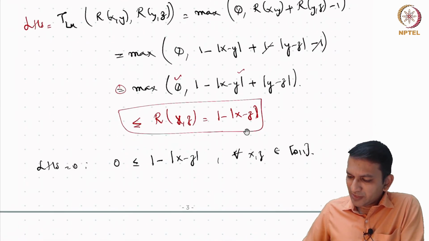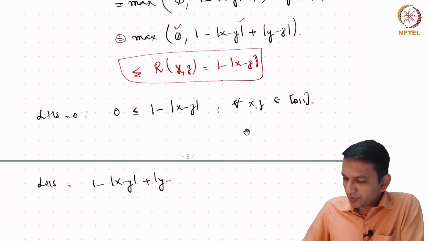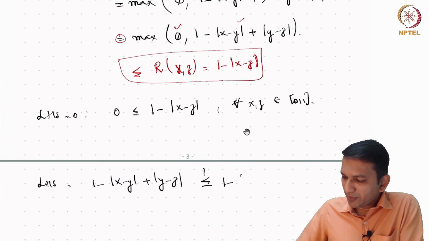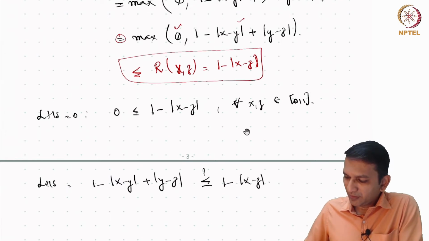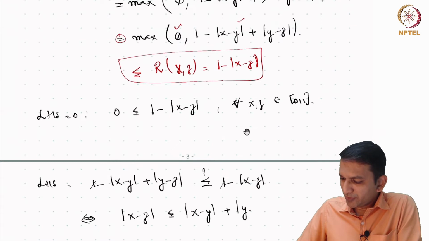But what if LHS is actually 1 minus mod x minus y plus mod y minus z? And the question is, is this less than or equal to 1 minus mod x minus z? Well, this will be true if and only if you can cancel this and write it as mod x minus z is less than or equal to mod x minus y plus mod y minus z.